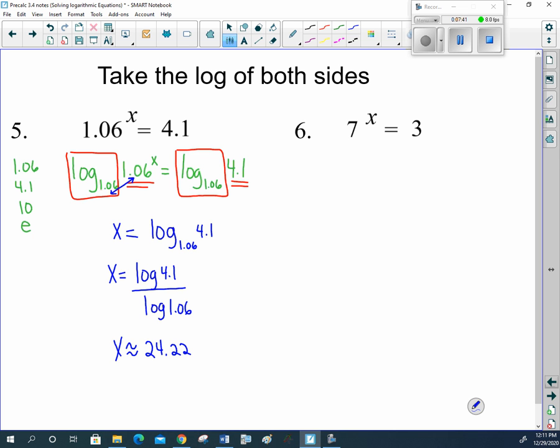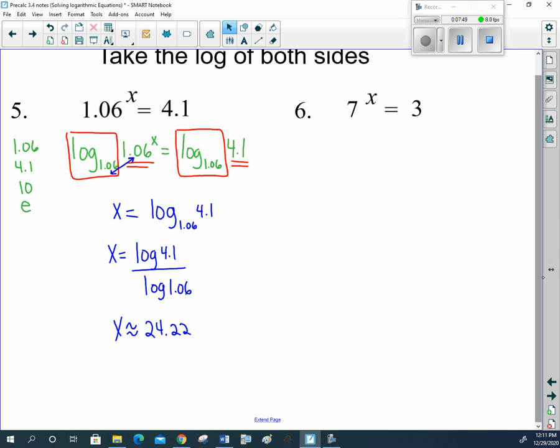Okay, let's do the same problem, but we'll just do it as a rewrite. And you can see that it just skips the middle step here, putting the log on both sides. So it's a little quicker, a little easier to remember. Taking the log of both sides has its place, but like I said, it's probably easier just to do the rewrite on this one. So here's our original problem.